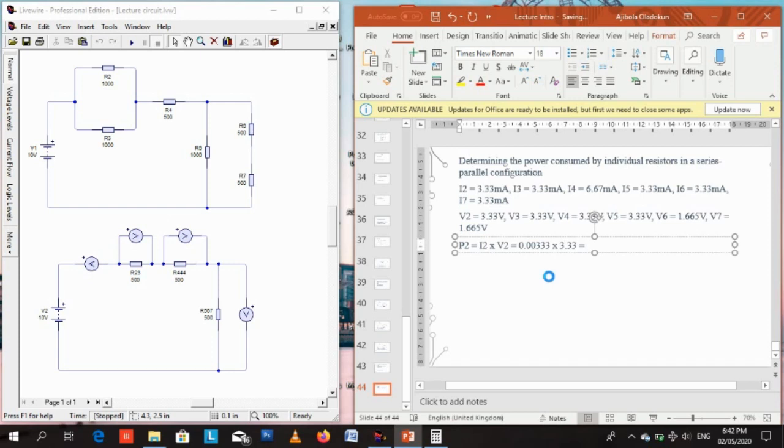So for you to calculate power consumed by any load in any circuit, always make sure that at least you have the current and the voltage of each of those loads. If you don't have the current and the voltages, at least have maybe current and resistance, or voltage and resistance. Earlier in this module, we examined what other options you can use to calculate power.